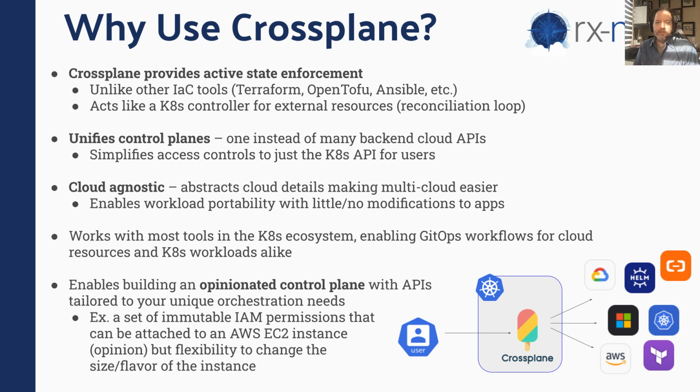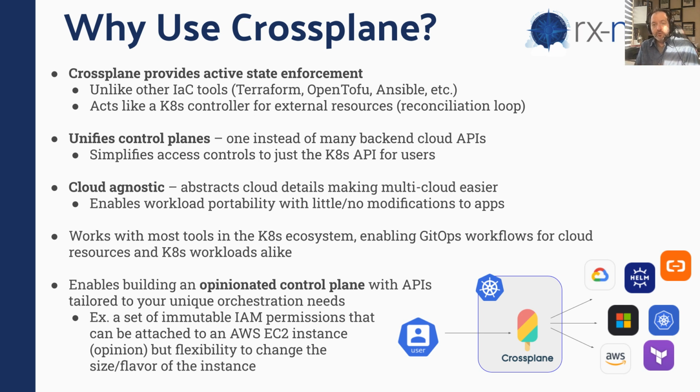So first off, Crossplane provides active state enforcement. Unlike these other infrastructure as code tools like the aforementioned Ansible, Terraform, OpenTofu, Crossplane uses the notion of the Kubernetes control loop to keep things in sync. So it's doing active state enforcement, as opposed to something like Ansible or Terraform on their own, right?